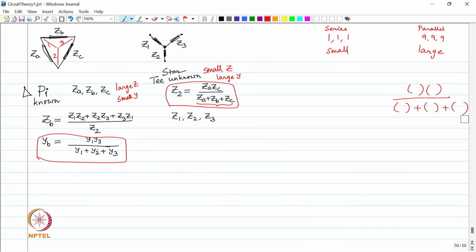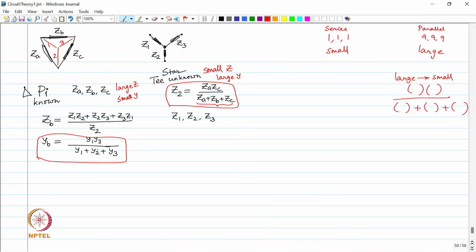This is the only thing you know. Okay. What happens here? Something large becomes something small.